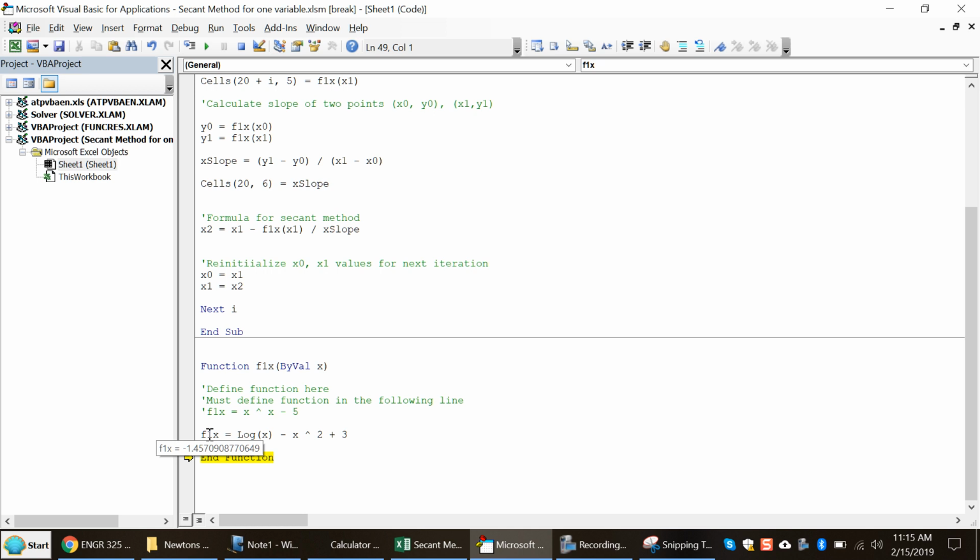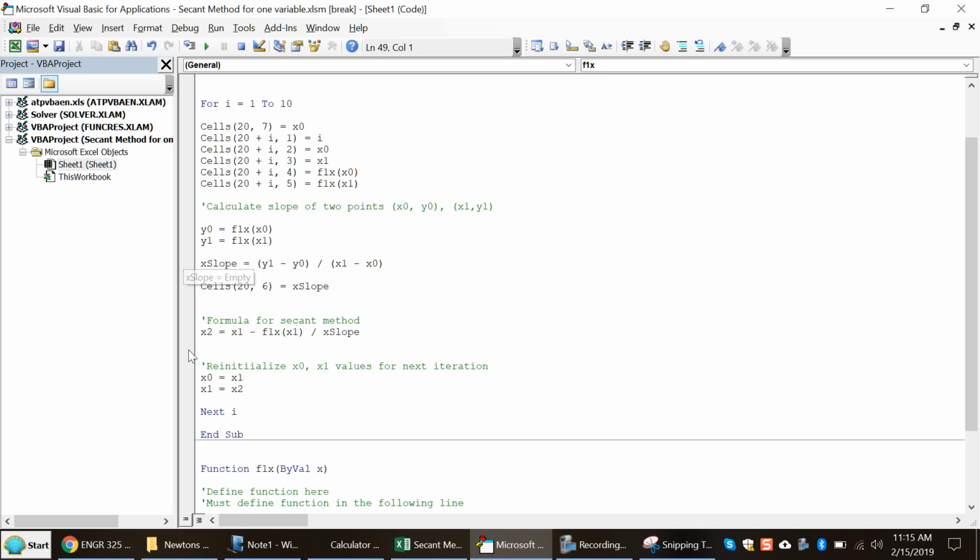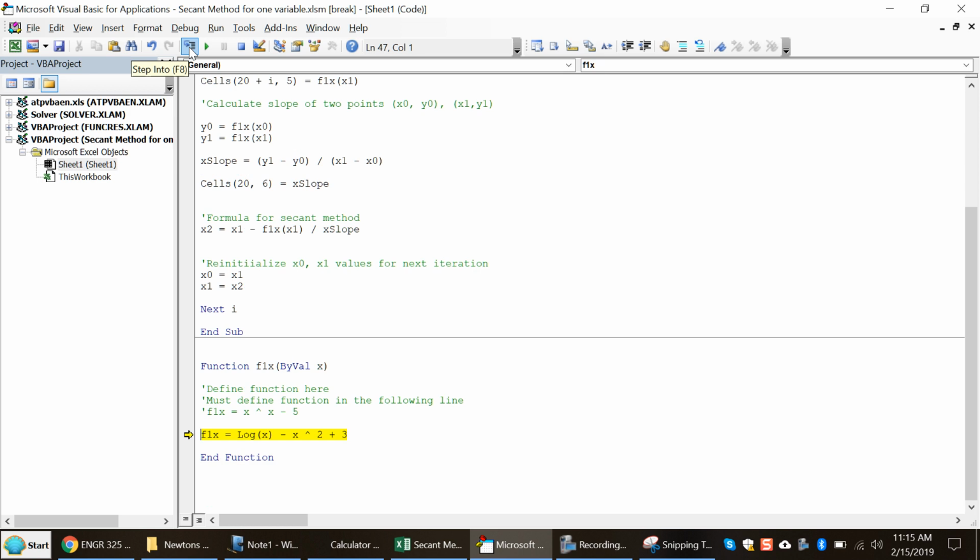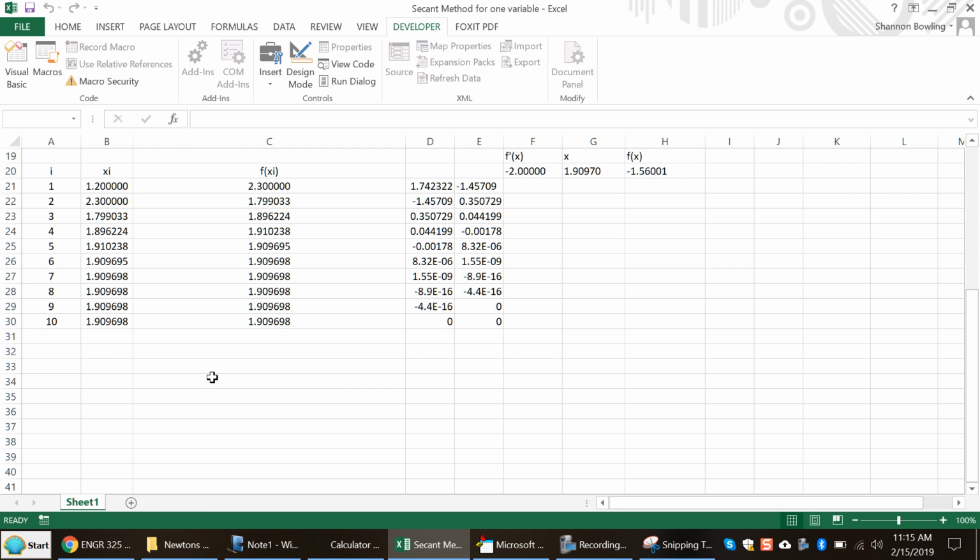What's next? Slope equals. Okay. That's exactly what mine's doing. All right, 2.9. Okay, looks like it's run. Okay, let me see. All right, I got the right answer.